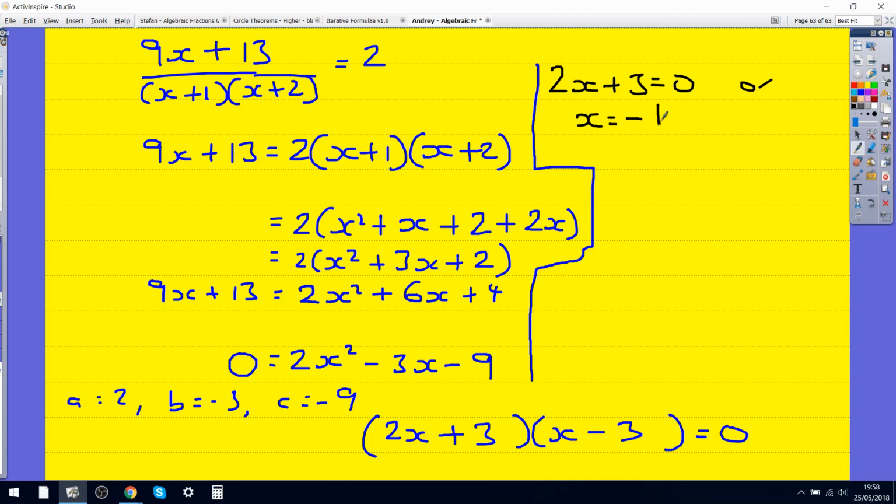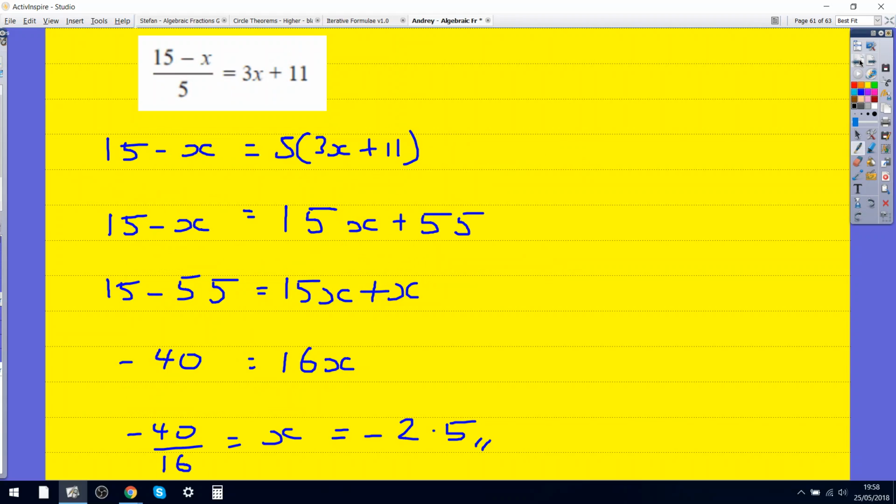Or x minus 3 equals 0, so x equals 3. That's it. So you get two answers, x equals minus 1.5 or x equals 3. And if you had done it using the ABC method, you'd get the same answers. Any questions about that? No.